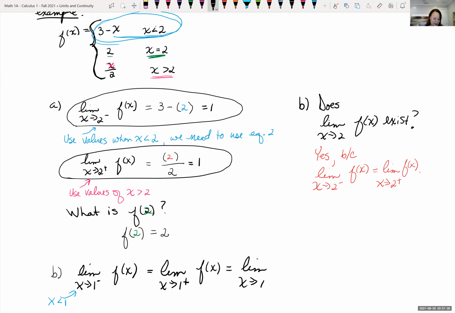Let's just even go further, of f of x. So we're just going to go into this first equation, and wherever we see an x, we're going to replace it with 1. So this is 3 minus 1, which in this case is equal to 2.